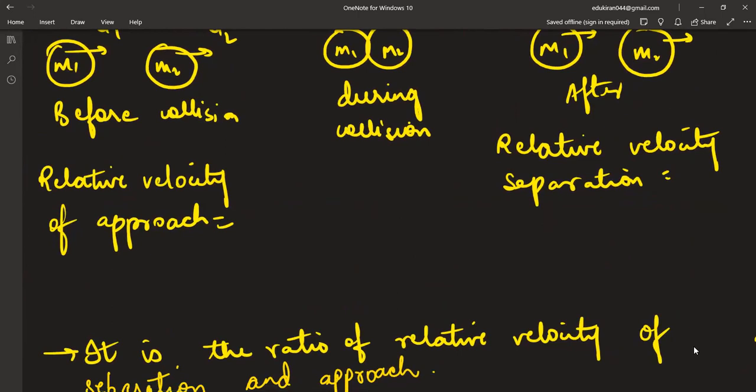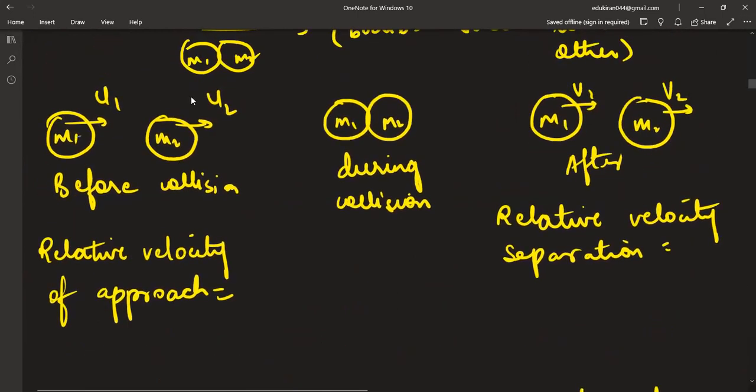Coefficient of restitution basically means, this we have done, how the bodies are moving. They have their own velocities. During collision, the velocities get changed. Now if both the bodies are moving and M1 is a little behind M2, M1 will have to go with a greater velocity.